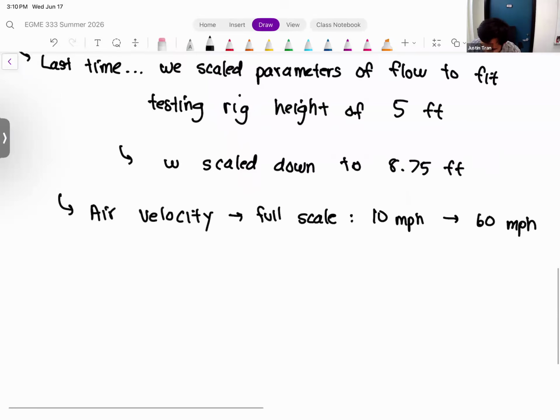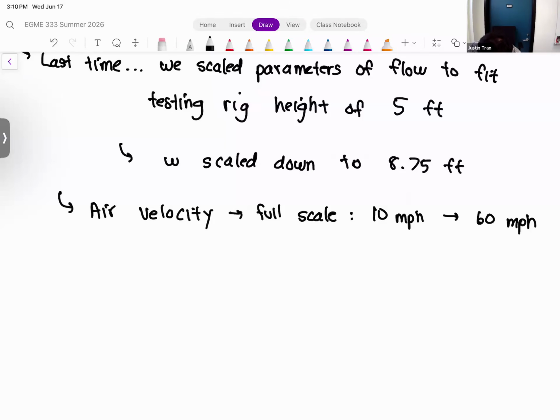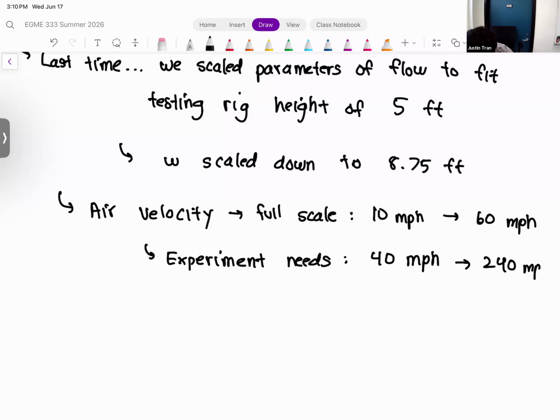But for our experiment, we actually need to speed this up. We found that our experiment had to scale up the velocity by a factor of 4, so the experiment needs velocities of 40 miles per hour to 240 miles per hour. The reason is that we needed to maintain the same value of our Reynolds number, which is our second non-dimensional number.